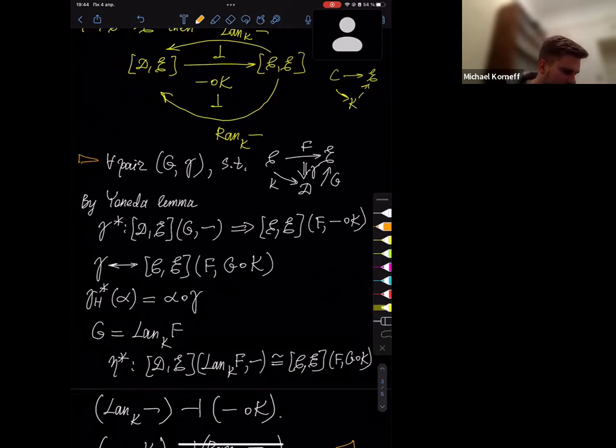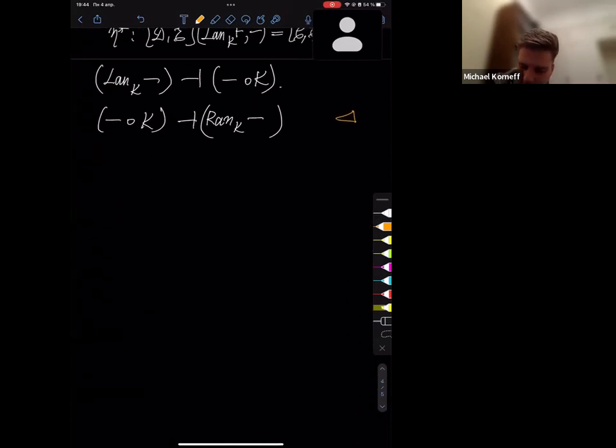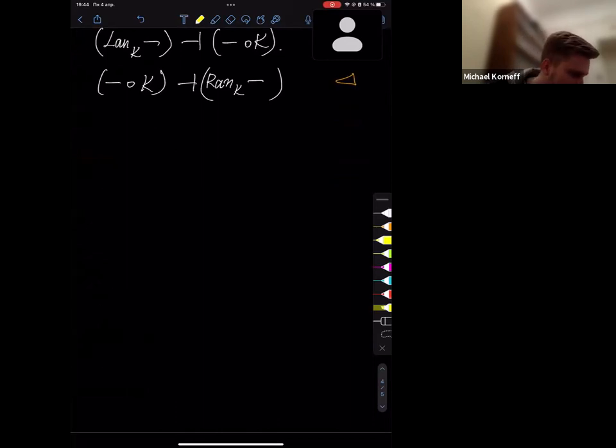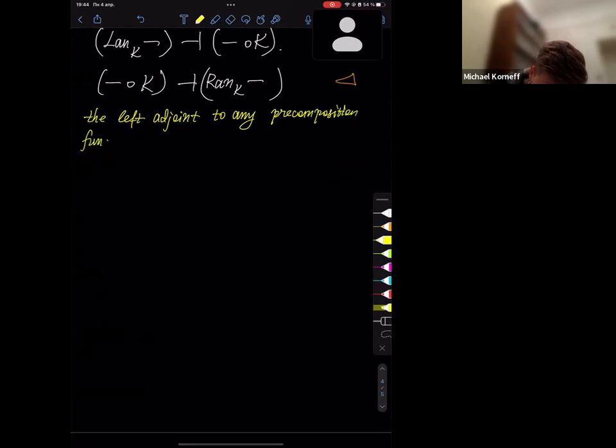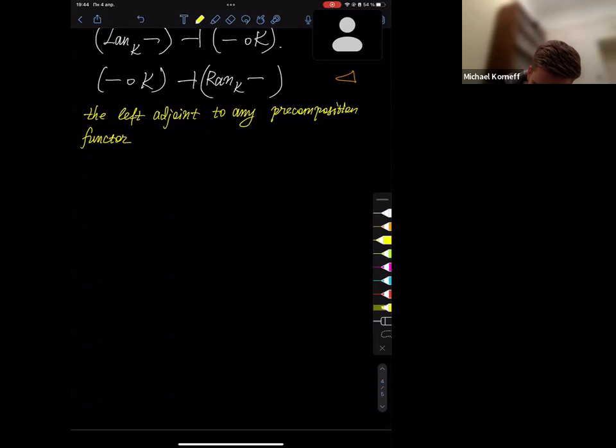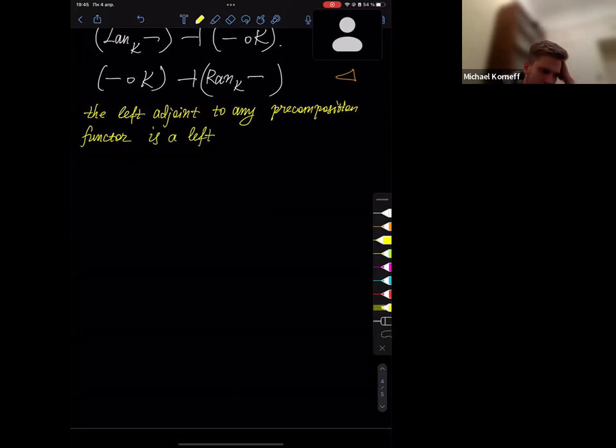Okay. And now we can write some thesis. The left adjoint to any precomposition functor is a left Kan extension functor.